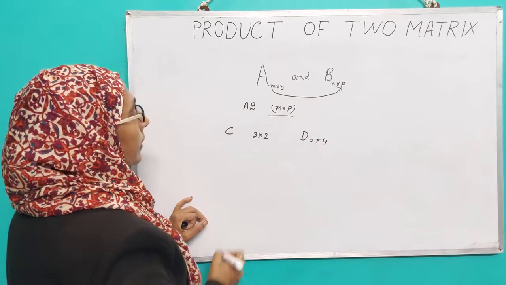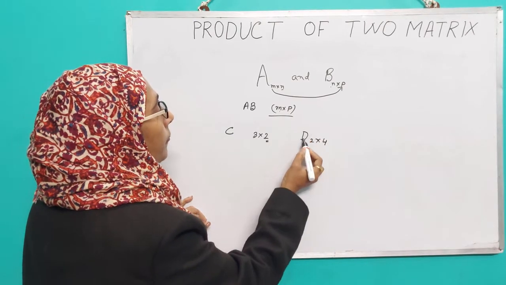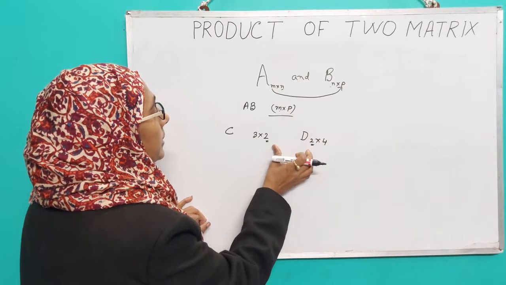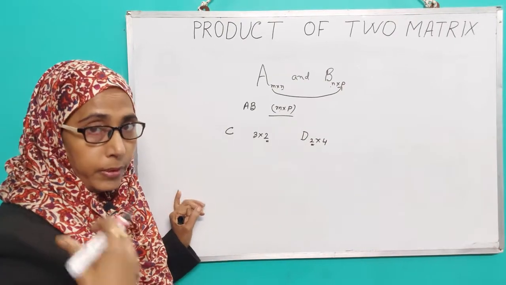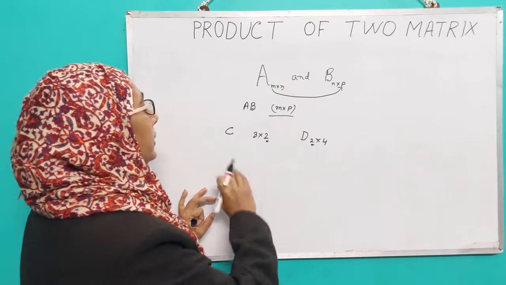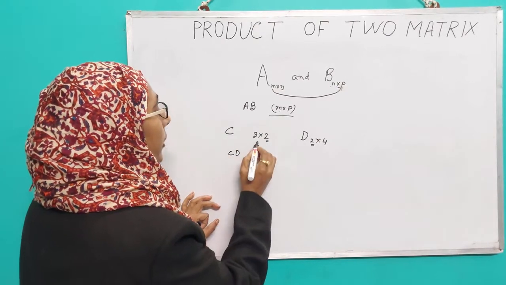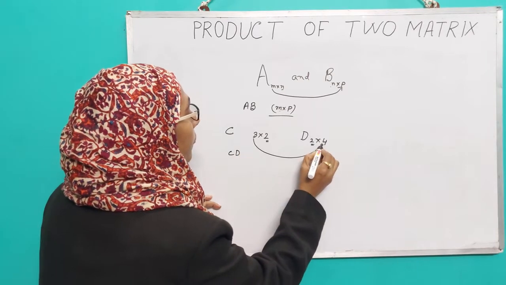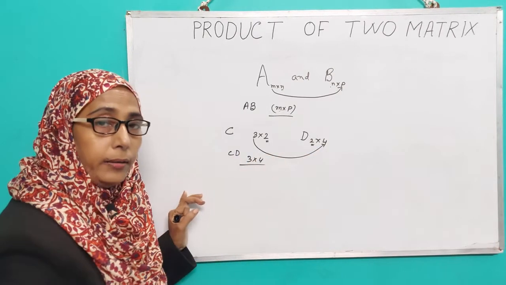Here the number of columns in C is 2 and the number of rows in D is 2, these are the same. Then C and D are conformable for product, and their product CD is of order 3 by 4. Is it clear?